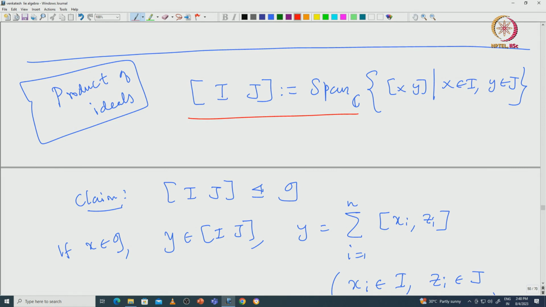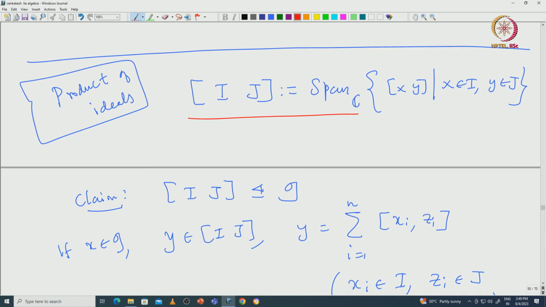I can't simply define the bracket [I, J] to be just the set of brackets [x, y], where x is coming from I and y is coming from J. That actually will not be an ideal. Okay. I can't give you an example right now. I will add that in the problem sheet. One has to actually work over real numbers to get such examples.